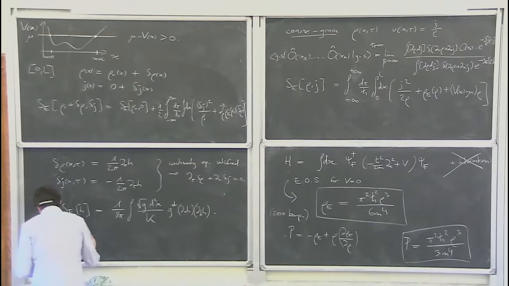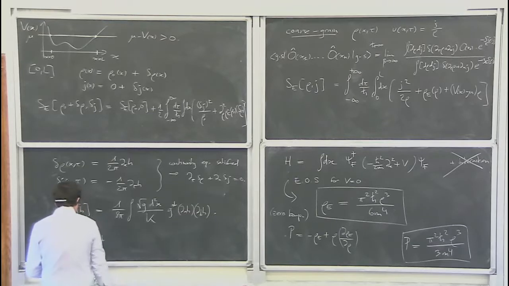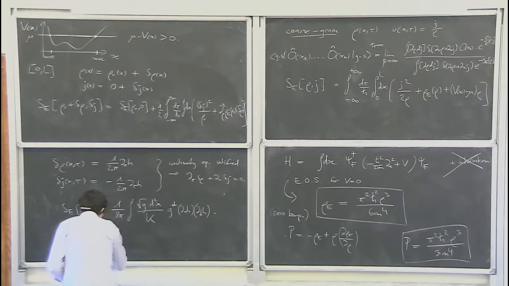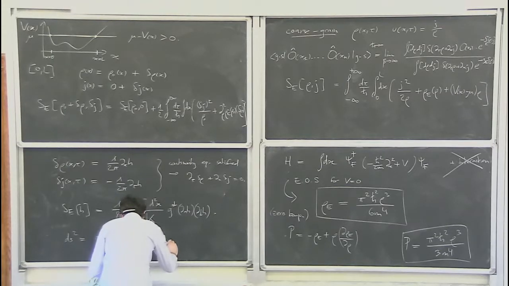Where this G is a 2 by 2 matrix, which you may view as a metric if you want. It's really useful to look at it as a metric because then it will tell us exactly what we need to do. So this metric takes the following form.